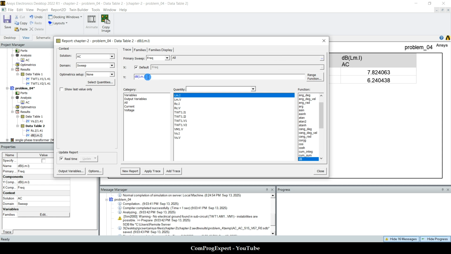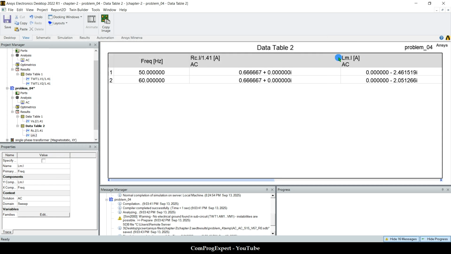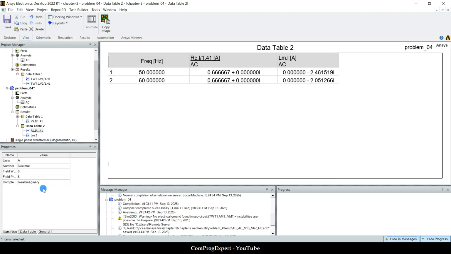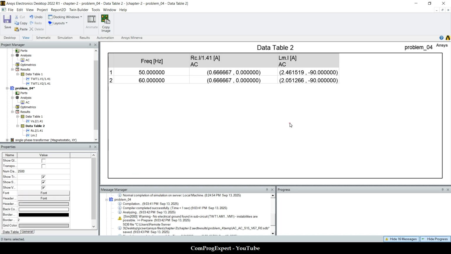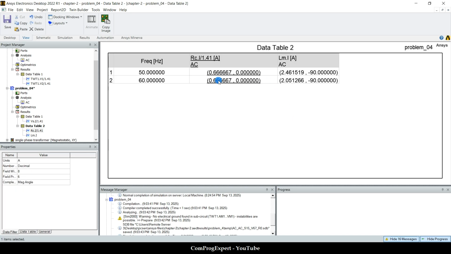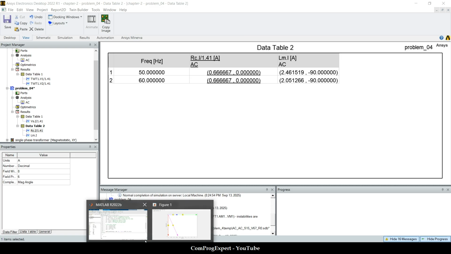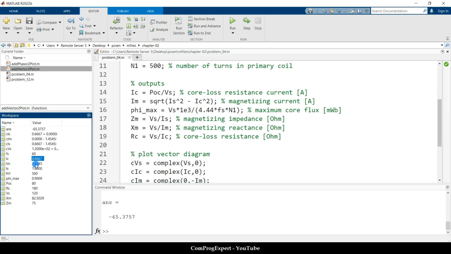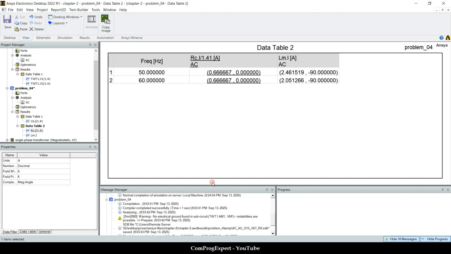This is the Im. Okay. So in the phasor case, magnitude and amplitude, you can see these numbers. 0.66, the value of the current IC, 1.45 for Im.